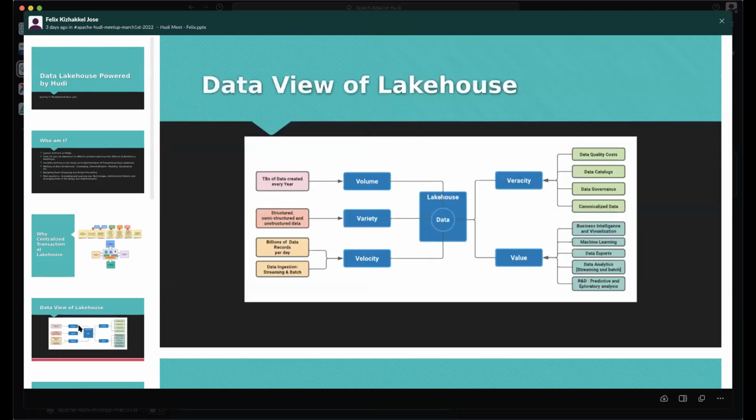So, this is the data view of our lakehouse with respect to the 5 Vs. From a volume perspective, we are talking about terabytes of data created every year. We have millions of IoT devices sending data to our system. Then we have to support structured, semi-structured, and unstructured data from a variety perspective.